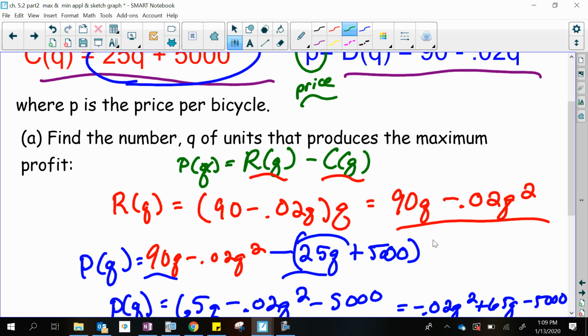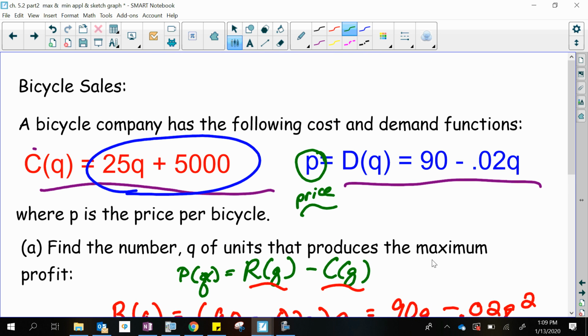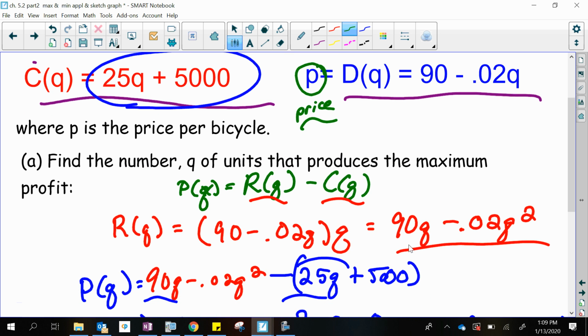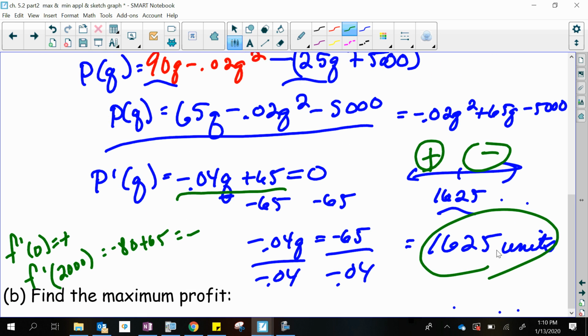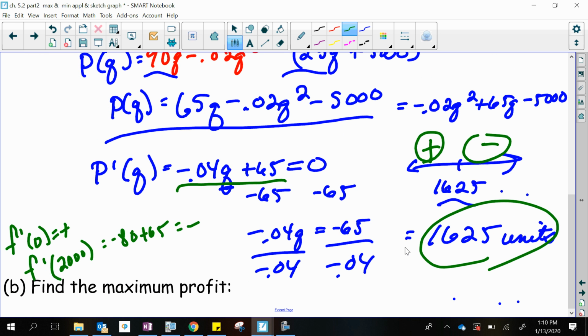So right now it's to find the number of units Q that produces the maximum profit. So 1625 is that answer, the number of units that produces the maximum profit. So now to find the actual maximum profit, what are we going to do? We just confirmed that by selling 1,625 units, it is a max.